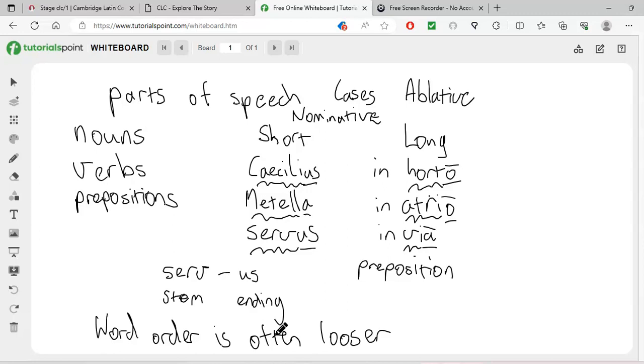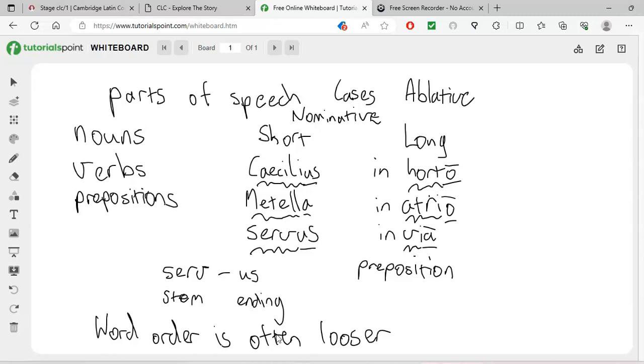And this is a variation called the ablative case. When it's paired with in, it comes after the word. The vowel is long. This is the ablative form. And here it's been used to show location. So it gives information about the location of what's happening in the sentence.